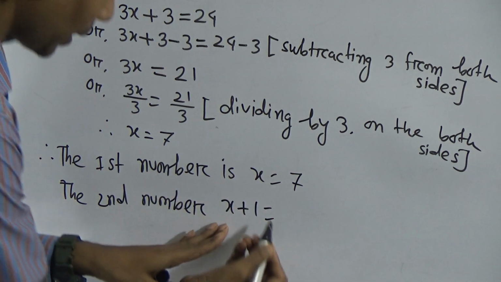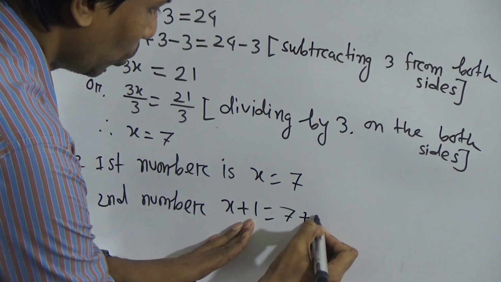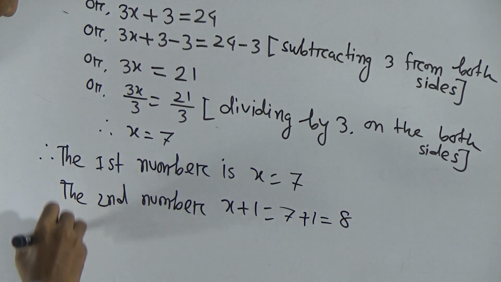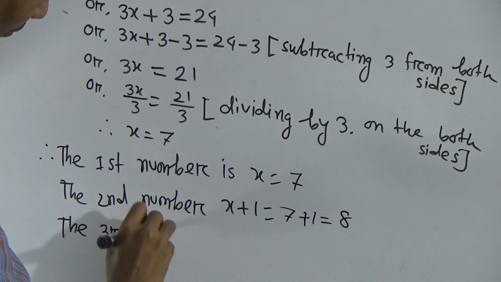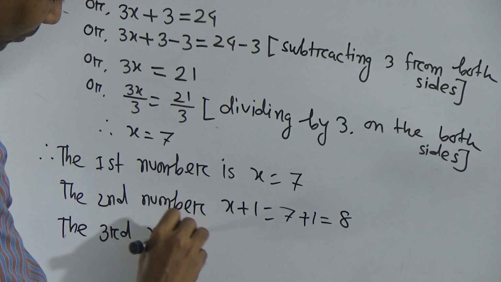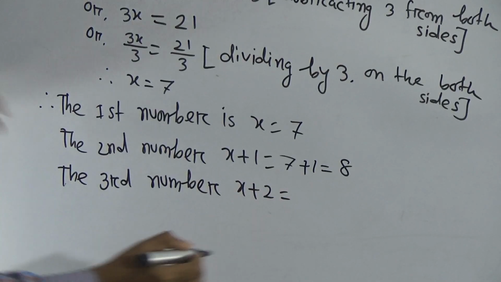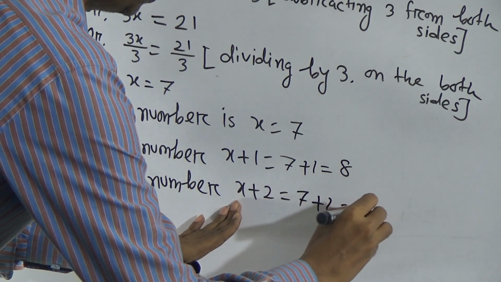Okay, look, x equal to 7 plus 1, this is equal to what? 8. And the third number is x plus 2, that means x equal to what? 7 plus 2, this is equal to 9.